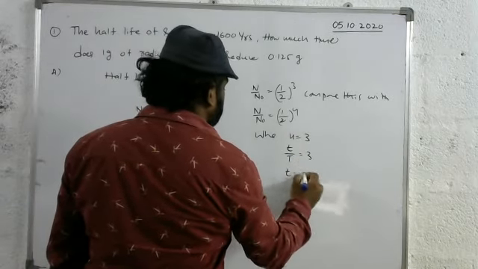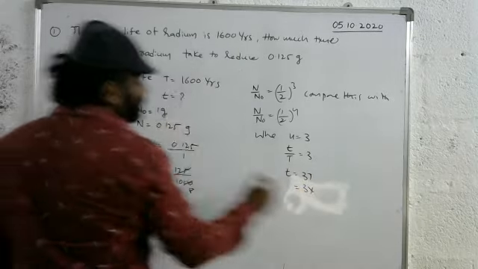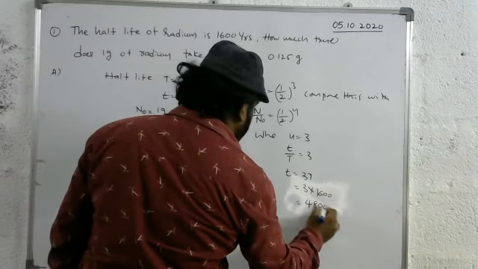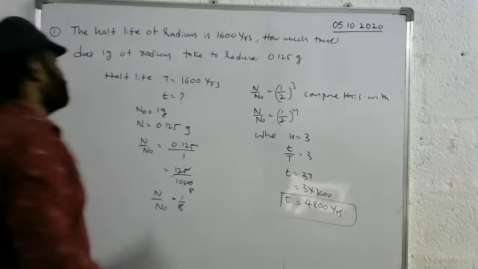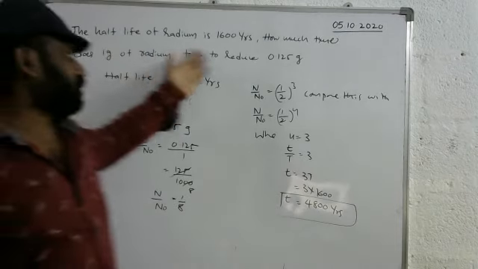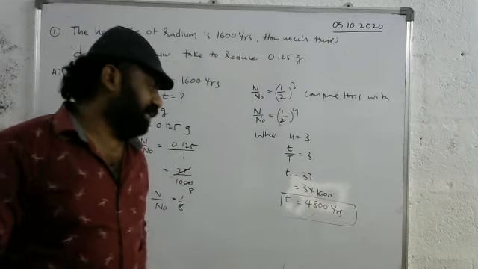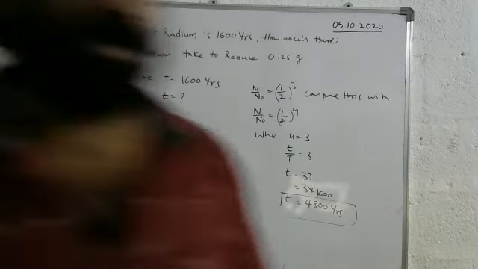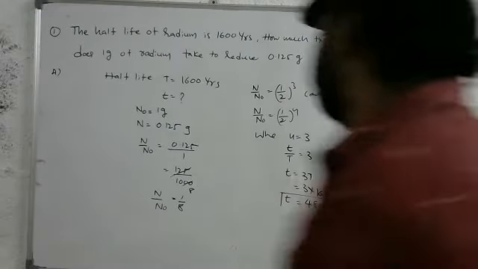We need small t is equal to 3 T. That implies t is 3 into 1600, which is 4800 years. So to reduce to 0.125 gram, it requires 4800 years.